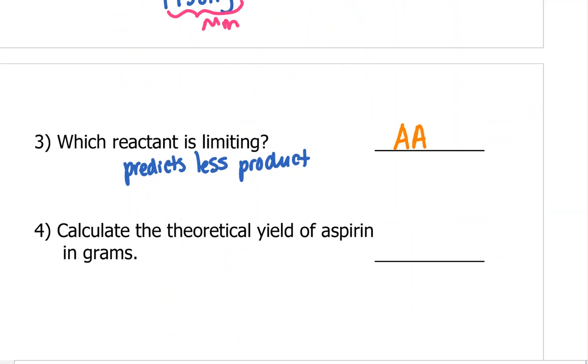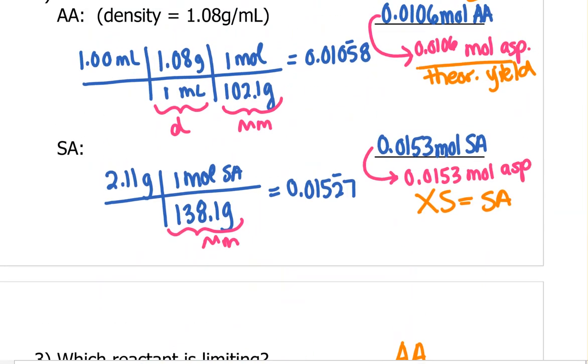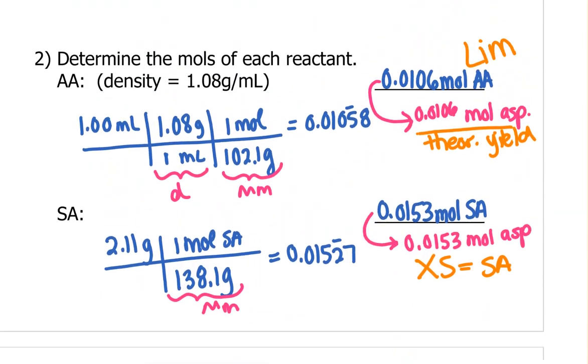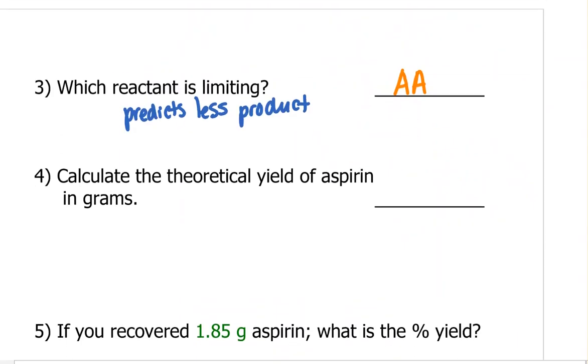And then we're going to calculate the theoretical yield of aspirin in grams. So I'm going to go back to this. We already kind of did this one step without showing it, but I'm going to start with my amount of limiting reagent, and I'm going to use all the digits when I do this calculation.